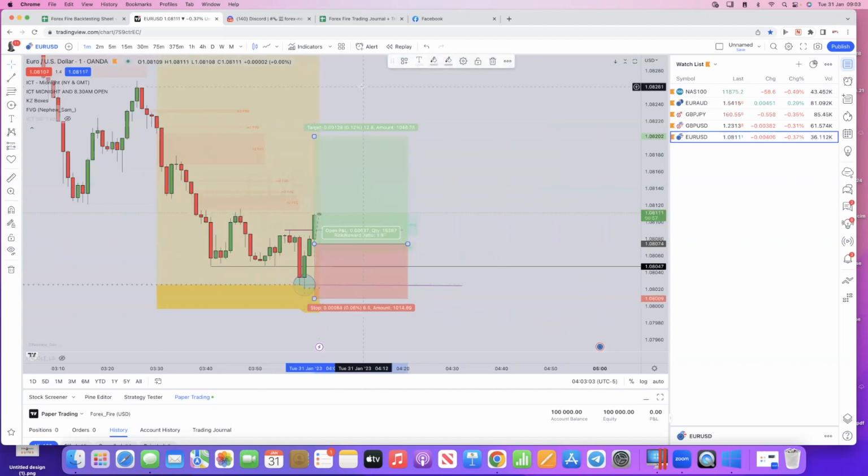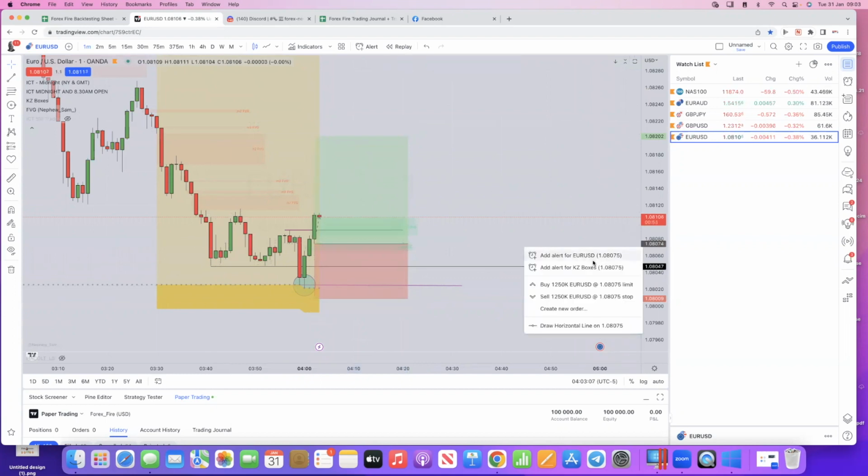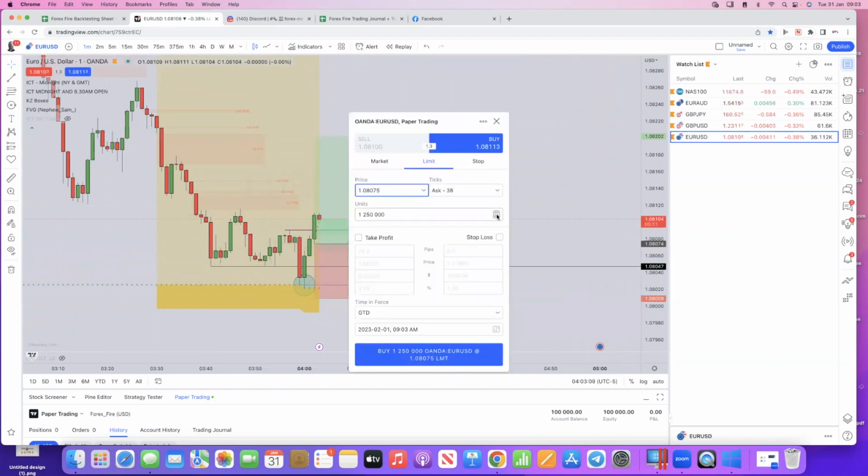Yeah, we'll do 7 pips for 14 pips. So I'll go on here. We'll go for a buy. In fact, 8 pips for 16 pips will do. 8 pips for 16, 1% risk. We'll just click on that.